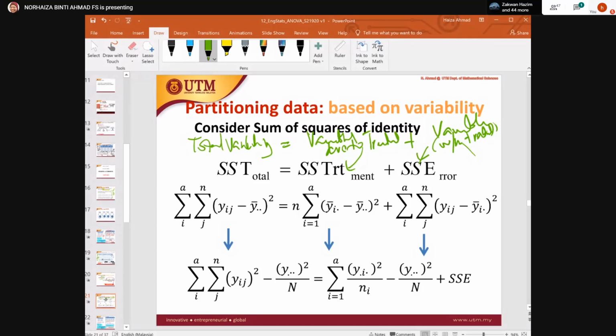So you can see that it is similar to the one that we have seen before, the variance, but in this case based on each observation, and all these can be simplified to this formula.